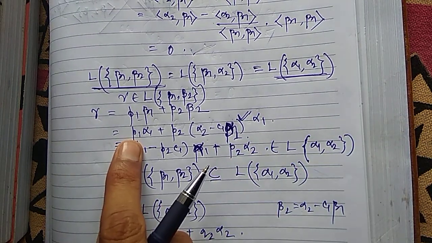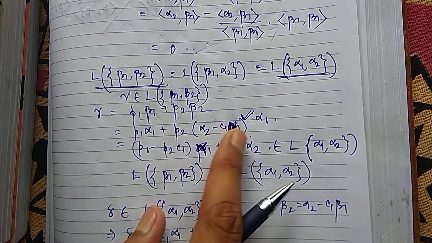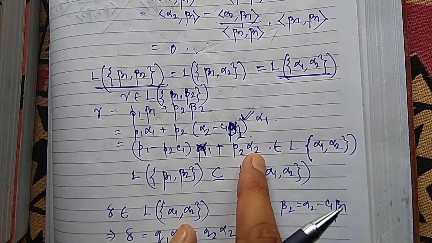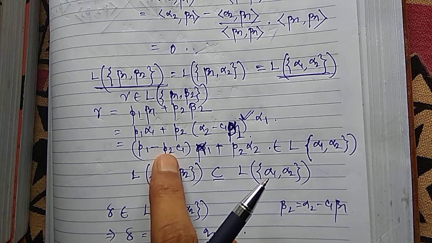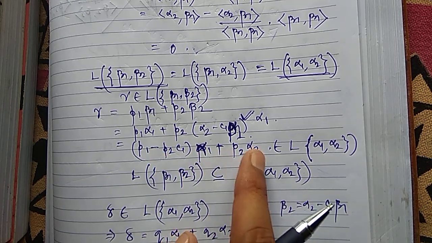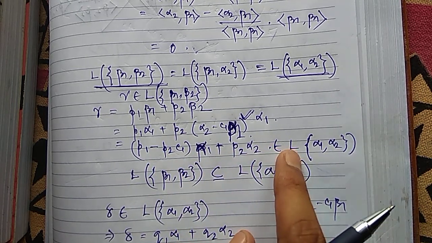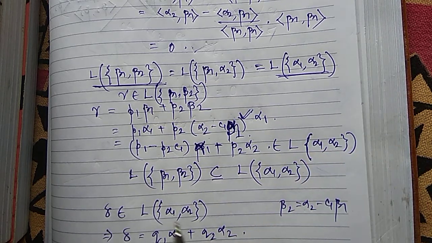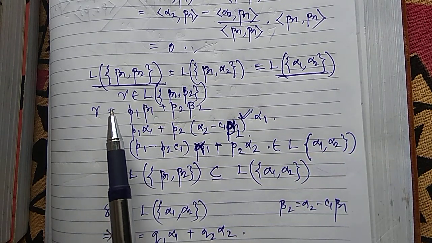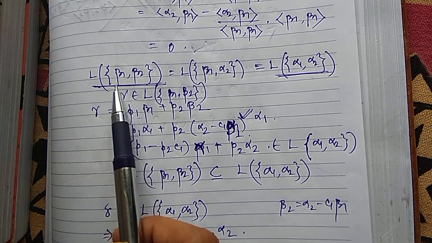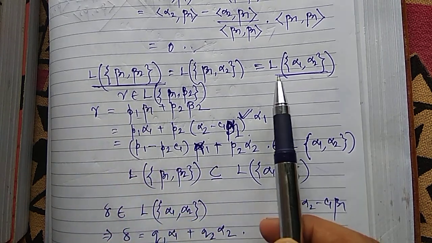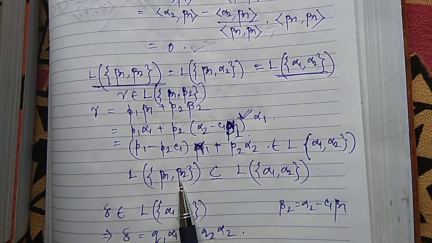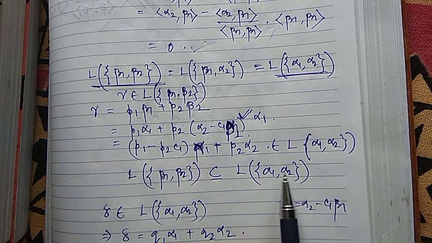So this is p1 minus p2 into c1 alpha 1 plus p2 into alpha 2, some scalar into alpha 1 plus another scalar into alpha 2, which belongs to linear span of alpha 1 alpha 2. So we took a member from linear span of beta 1 beta 2 and got it in linear span of alpha 1 alpha 2. So linear span of beta 1 beta 2 is a subset of linear span of alpha 1 alpha 2.